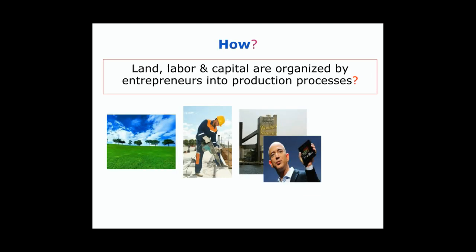Now, when it comes to how goods and services are produced, well, in that case, we have entrepreneurs, and working with the other factors of production, land, labor, and capital, they organize these factors of production into production processes, and ultimately the entrepreneurs, whether they're working by themselves or in a firm, they're the ones that determine how goods and services are produced.